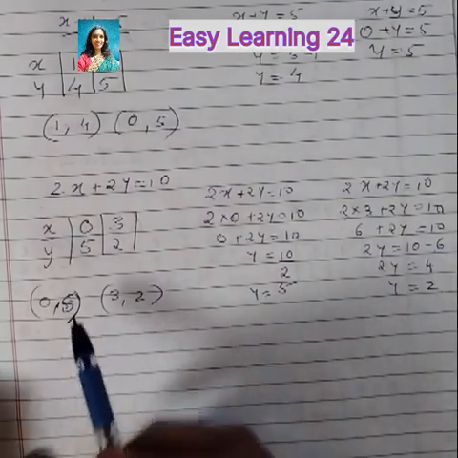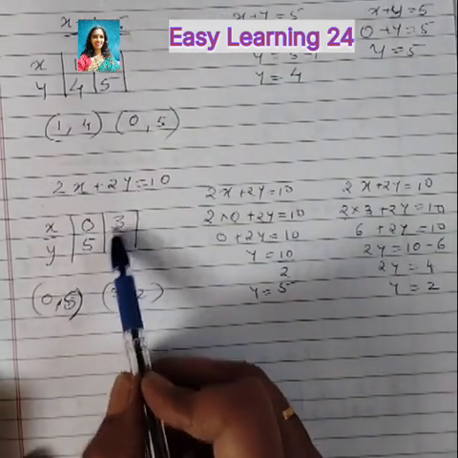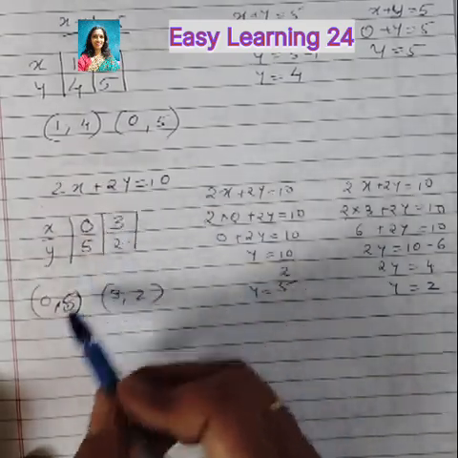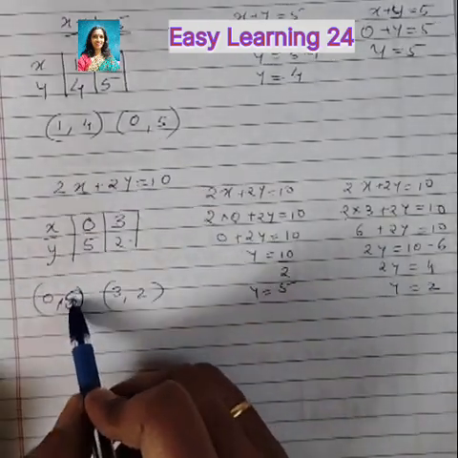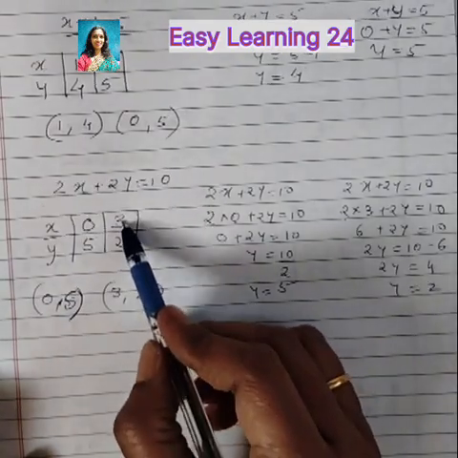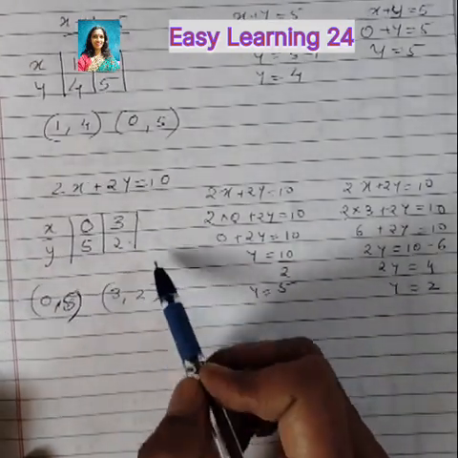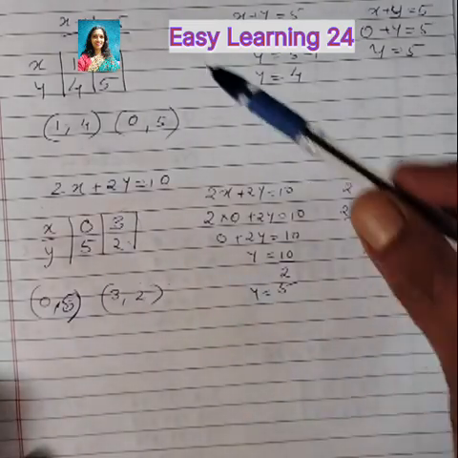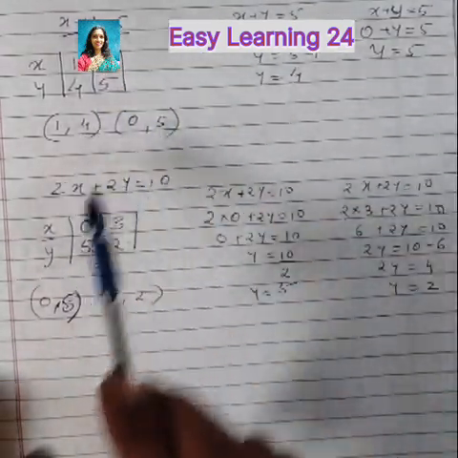So when the x value is 3, the y value is 2. So we get these 2 points: x value 0, y value 5 is one point for this line, and x value 3, y value 2 is another point for the same line. Okay, we got 2 lines, and each line has 2 points.